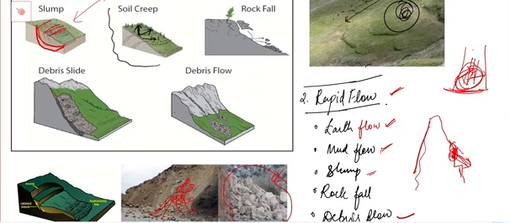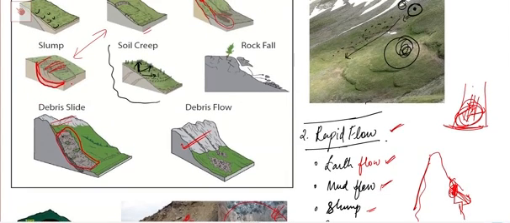See here, we can say this is a debris flow. So this is the debris flowing, and this is the debris slide. Small minute particles which slide at once are known as debris slide.